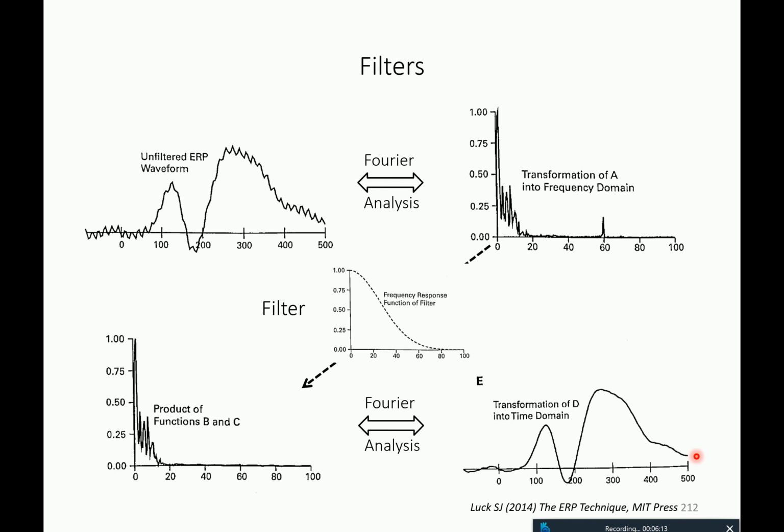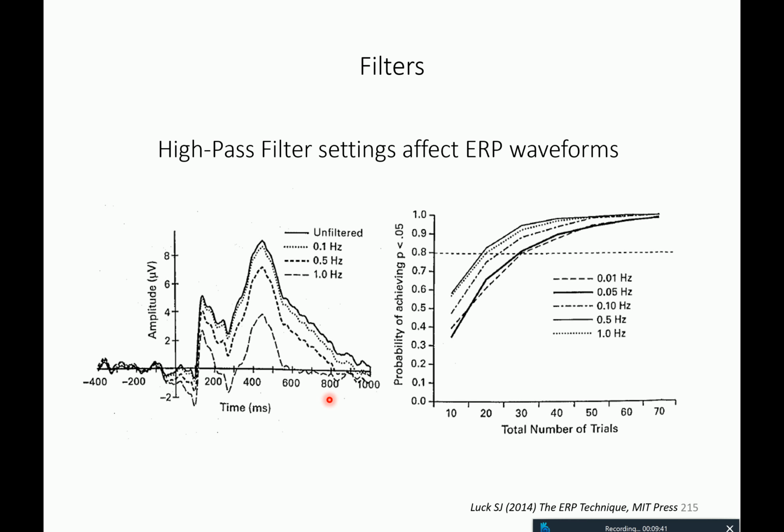The question is always, and this is a typical pre-processing question, how should I set my high pass filter, and what effect does it have? What's a good number for a high pass filter? And the thing is, whenever you do something different in pre-processing, it will have an effect on your data.